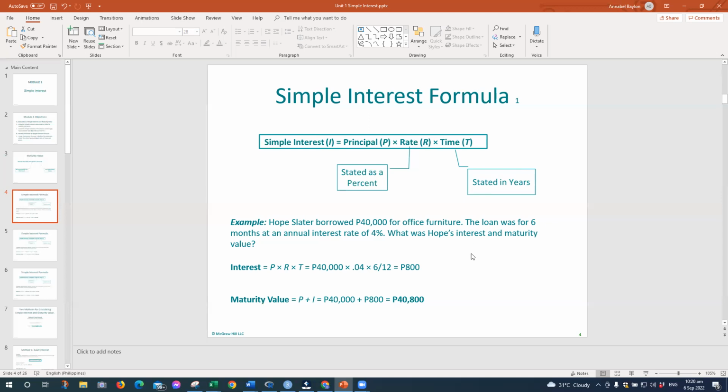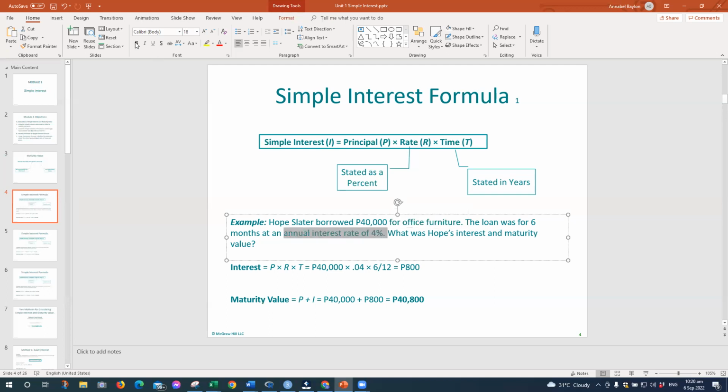So let's have a basic example. You have this person who borrowed 40,000. This is a loan for office furniture. The loan was for 6 months at an annual interest rate of 4%. Take a look at this.